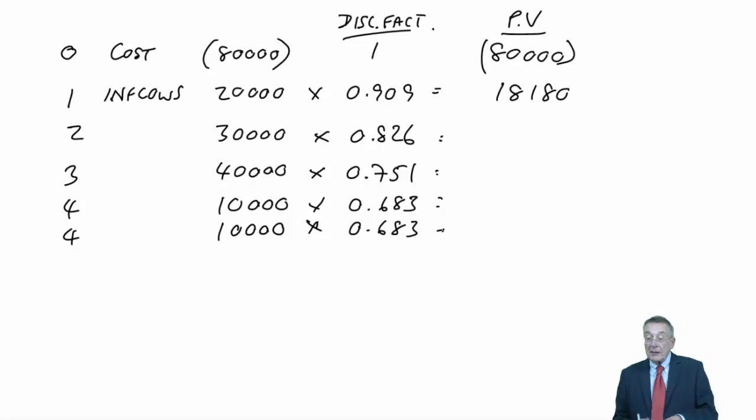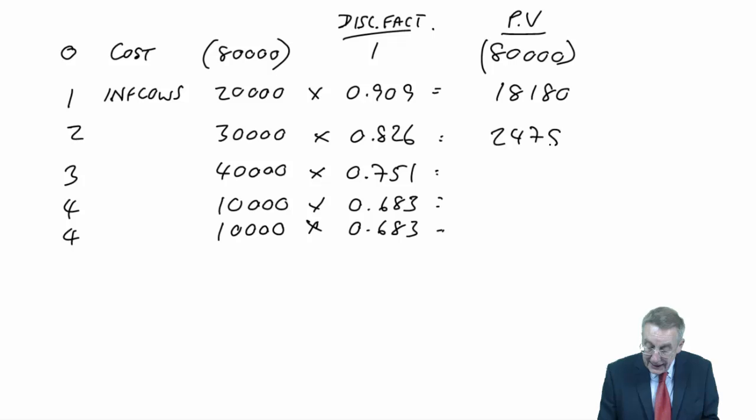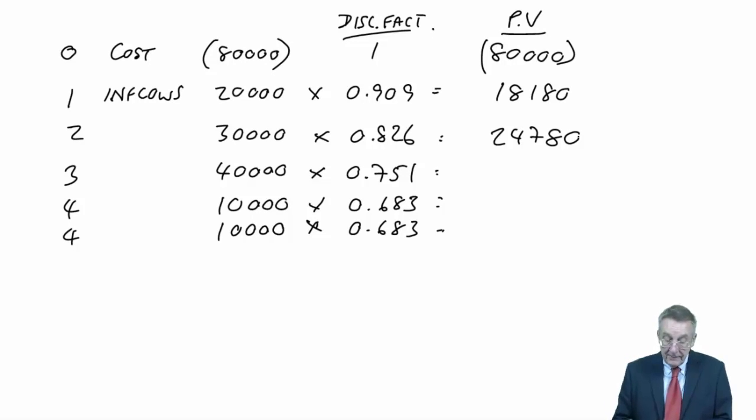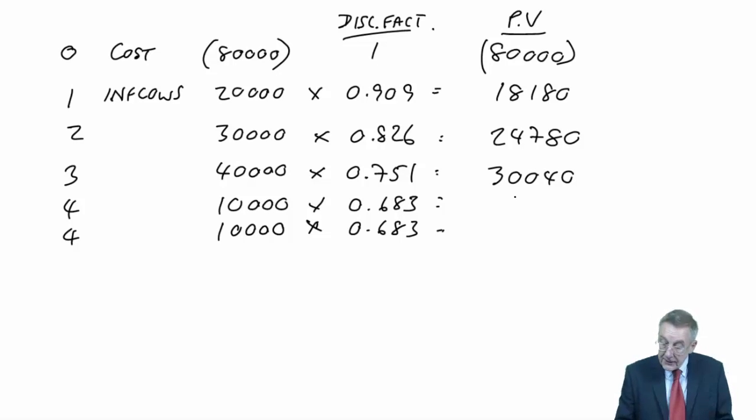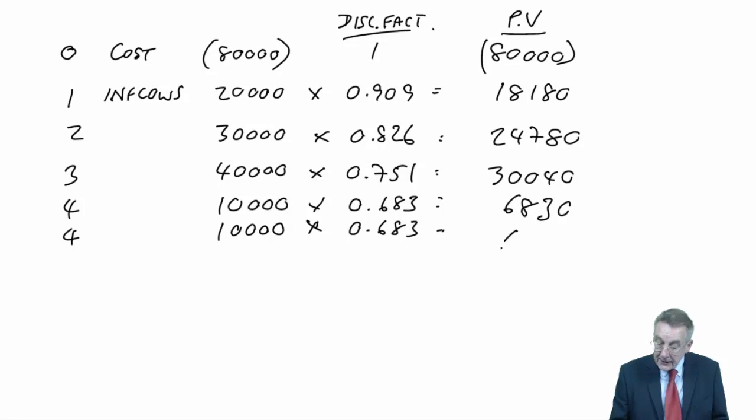And so multiply out the present values: 24,780, 30,040, 6,830. The net present value, NPV.